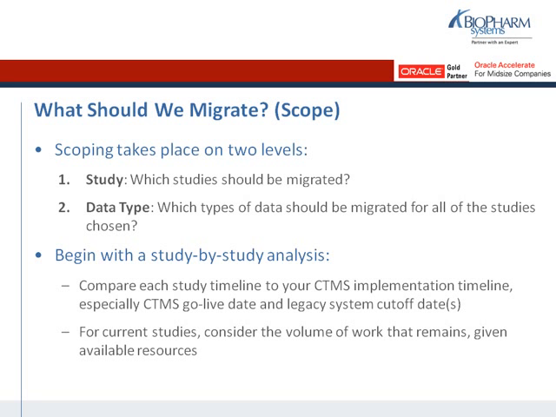If we're implementing new data standards in the new system, but the old system doesn't meet those, there will be a manual sort of cleansing process that needs to happen. So for current studies, considering the size and the amount of data that's already collected, the more data that is in the legacy system, the more data that will need to be cleaned and migrated. So we need to take that effort into account.